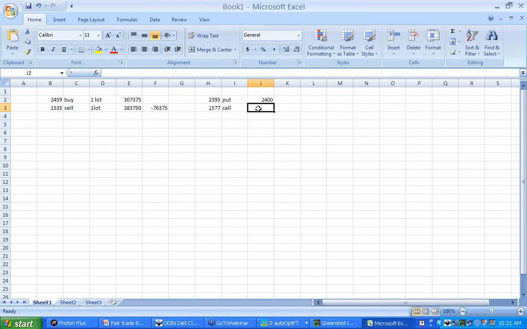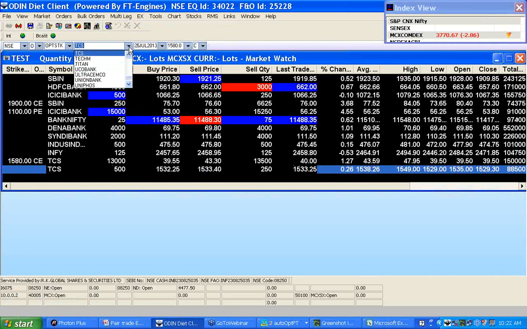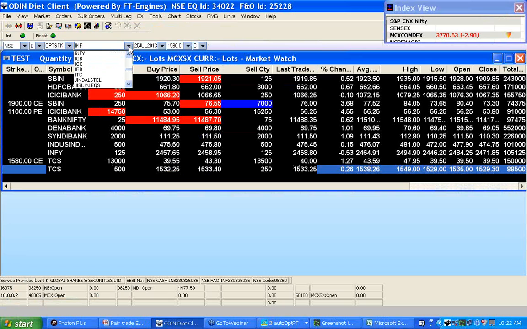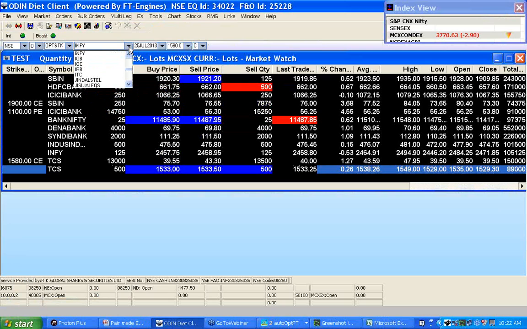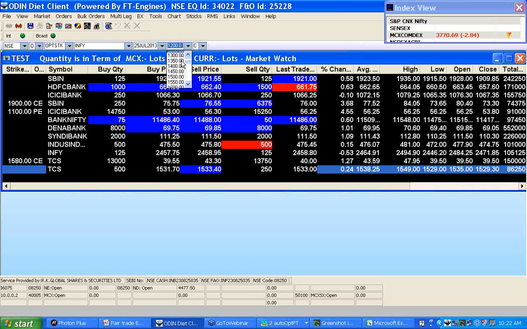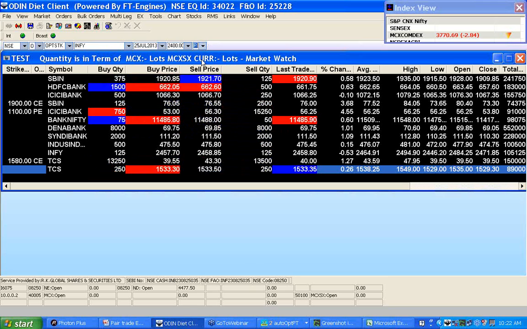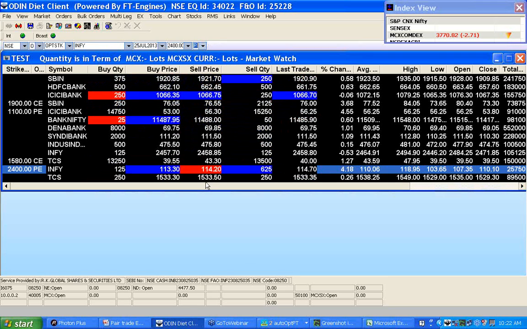We will optimize this also. And for Infosys, which is currently at 2457, we will go for the 2400 put option.